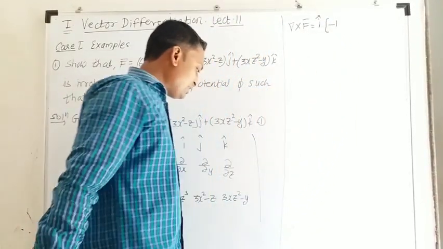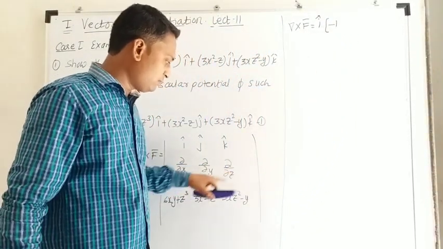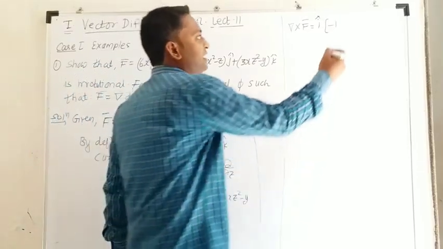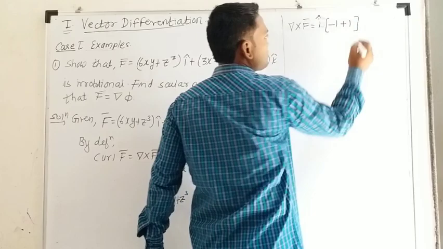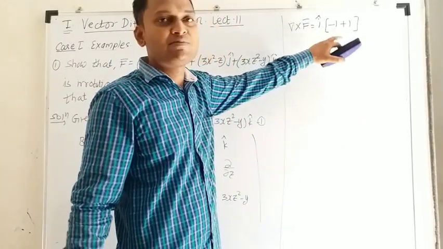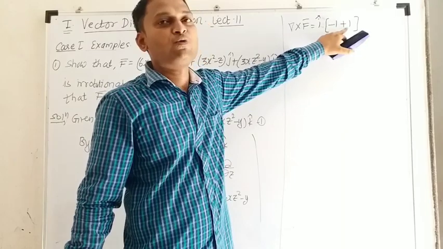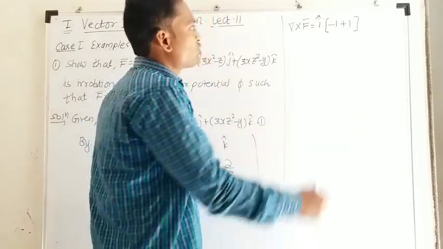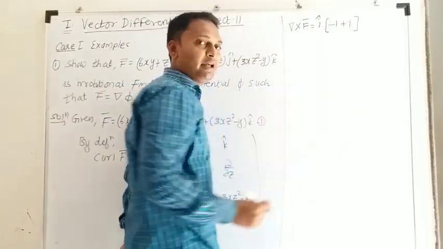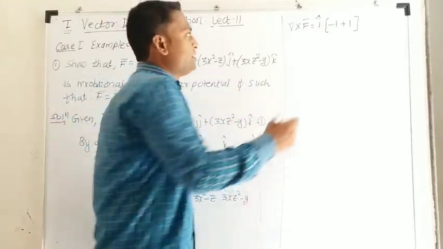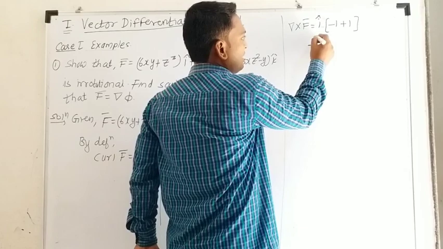Once you calculate this one derivative, the second derivative, that is del by del z of this function, you directly write as plus 1, because it is going to become 0. If we have minus 1 here, then to make this term 0 we must add plus 1. So once you determine one derivative, you just write the same derivative with the opposite sign. In that way, you can save your calculations.